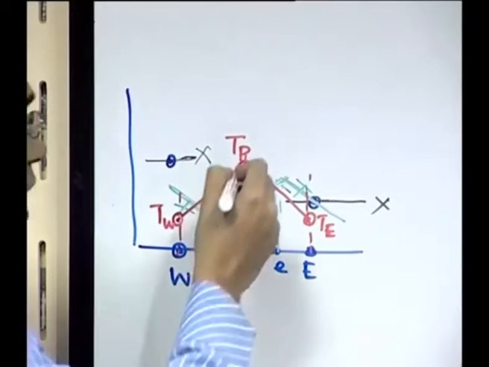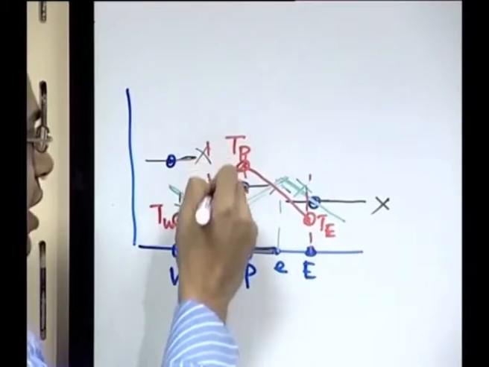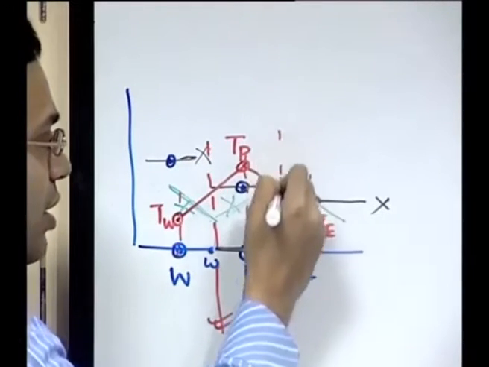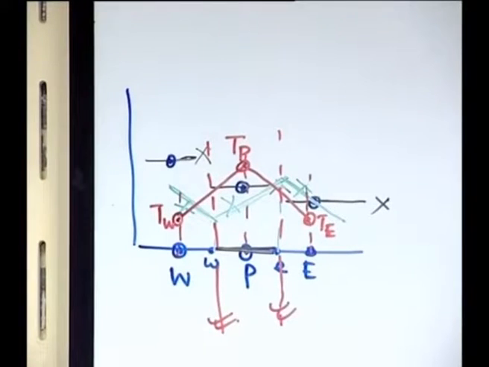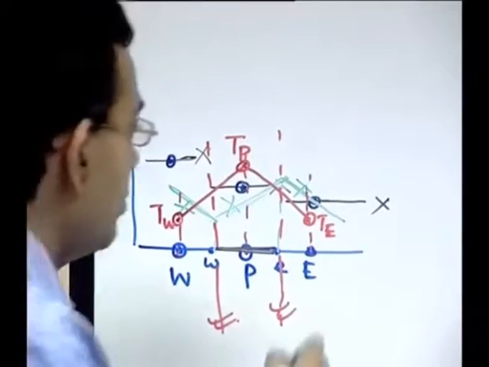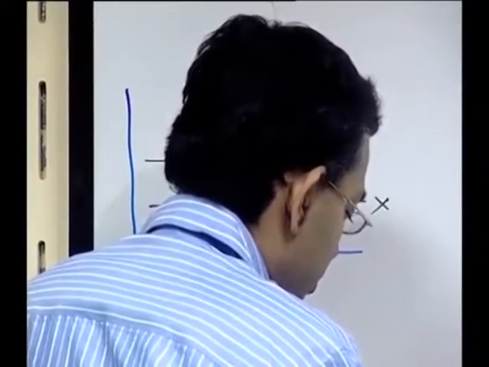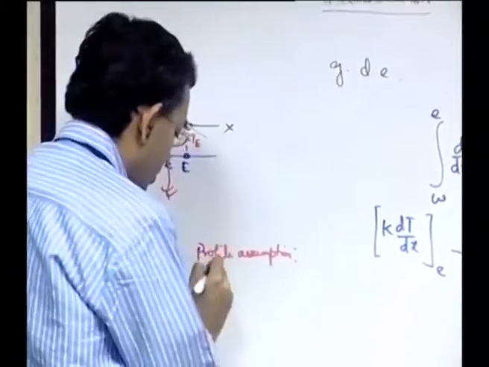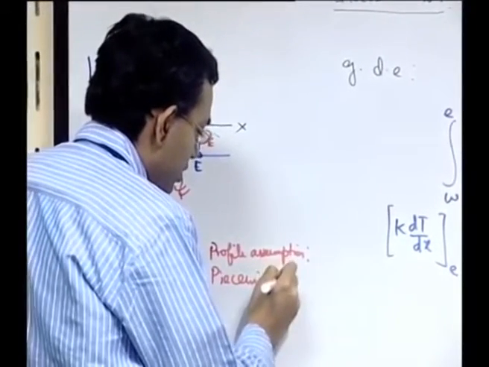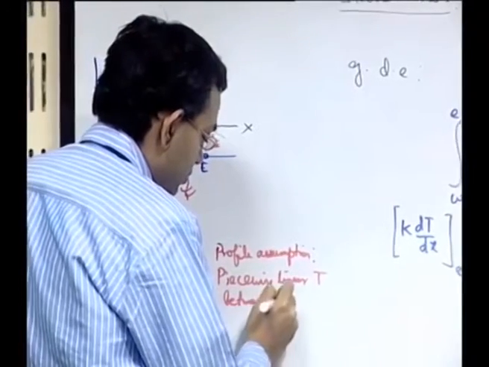This will work because here the discontinuity is at the grid point, but you do not have to calculate dT/dx there. Your dT/dx calculation is at the faces of the control volume, where the function has continuous dT/dx. So this is a valid profile assumption: piecewise linear T between grid points.